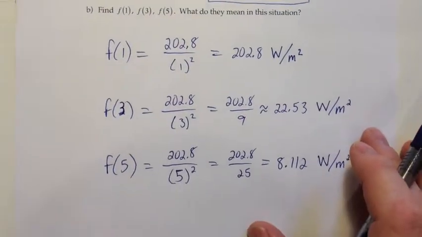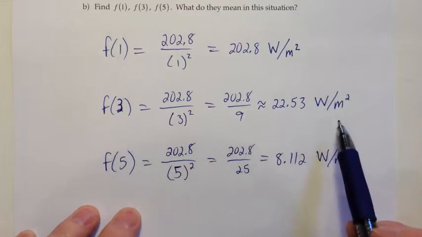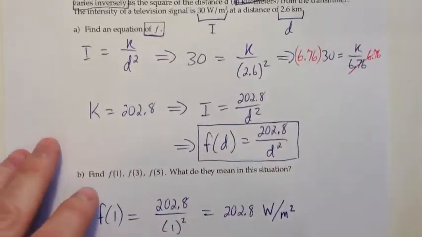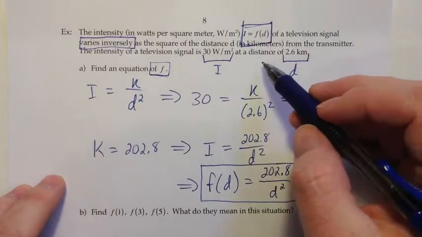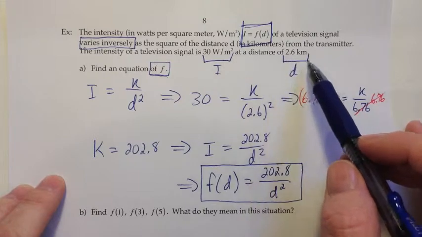And as far as interpreting that goes, let me just pick one and do that. I'll do the f of 3 right here. So what does f of 3 mean? Well, what was the 3? The 3 would have been the distance, and so the distance in this problem is measured in kilometers.